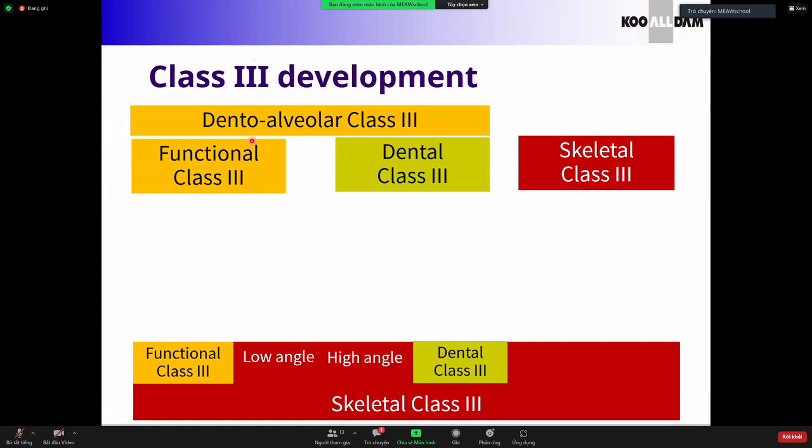So as you know, this is a dental alveolar class 3, the functional class 3 and dental class 3 and skeletal class 3. It may develop the same way.